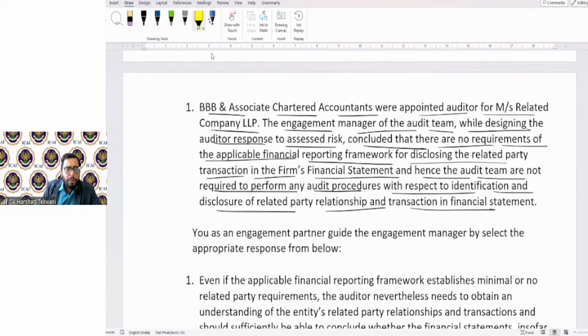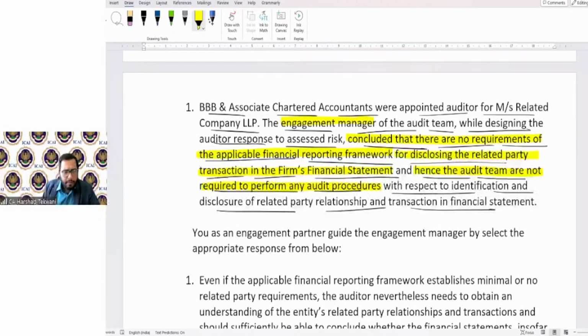So the engagement manager concludes there is no requirement of the applicable financial reporting framework for disclosing related party transactions, and hence the audit team is not required to perform any audit procedure.